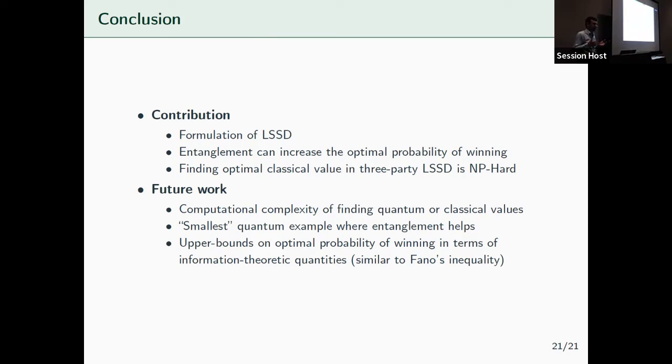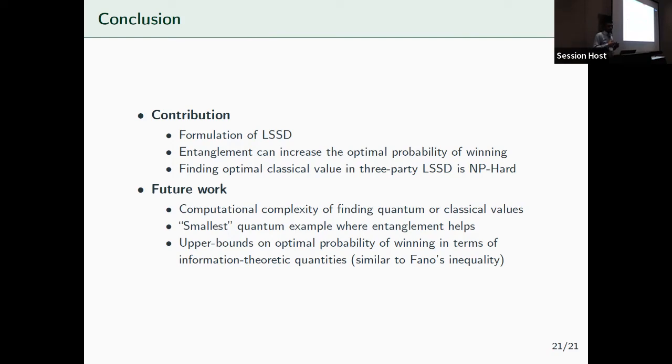One obvious question is, what is the computational complexity for two-party LSSD? We don't have an answer to that question. We can also ask whether we can find quantum examples where entanglement can help. The examples that we have here are completely classical. Is there any quantum example?